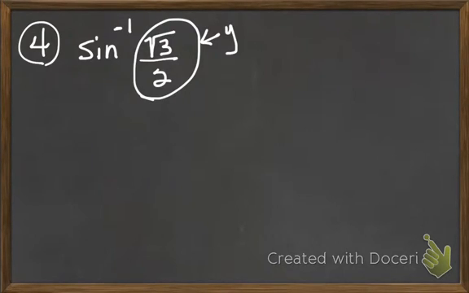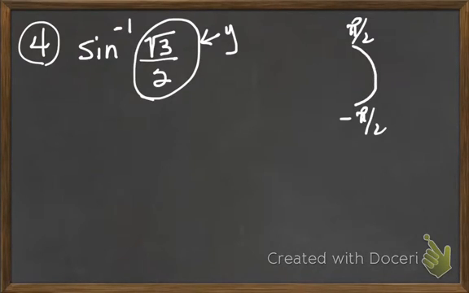Inverse sine says what angle has a y value of square root of 3/2. So that problem is saying what angle, that's what sine to the -1 means, inverse sine, arc sine, what angle in your restricted area from +pi/2 to -pi/2. So you're looking at your unit circle from +pi/2 to -pi/2.